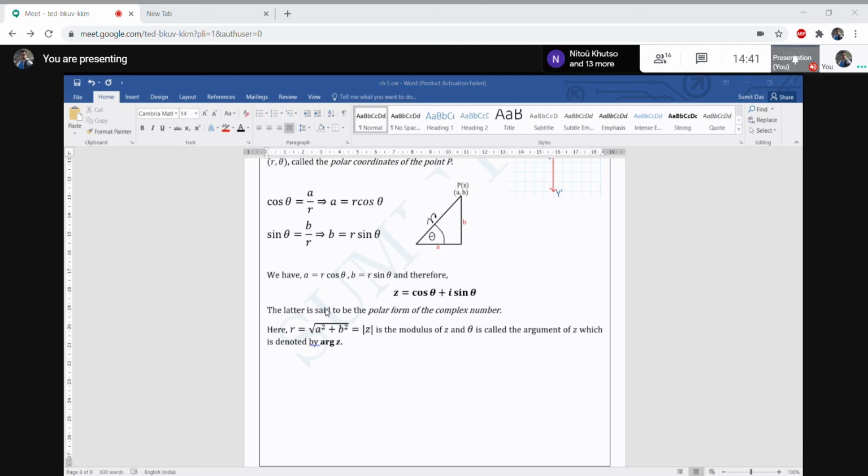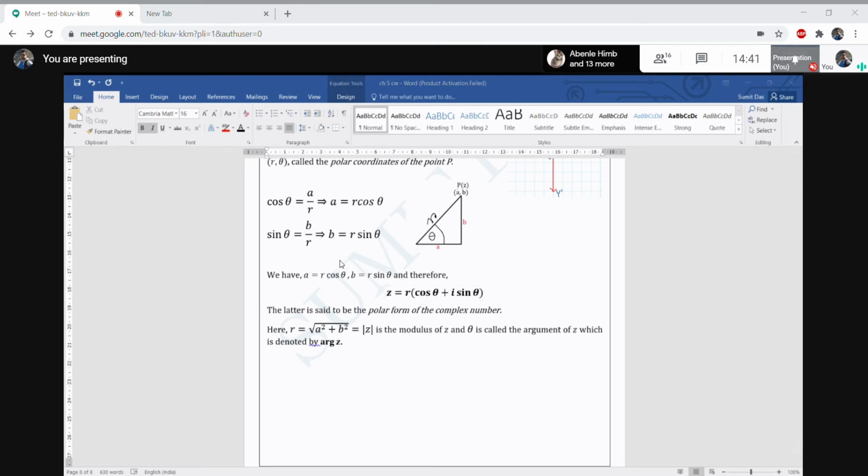Now one thing I'll introduce. Sorry, here I missed the r. It will be r cos theta. z equal to r into cos theta plus i sin theta.